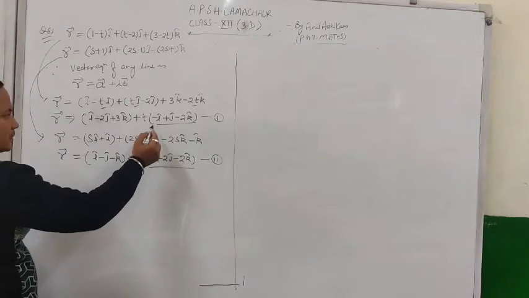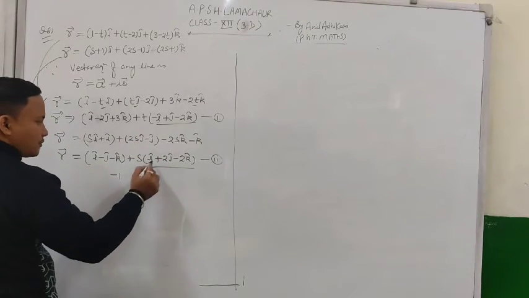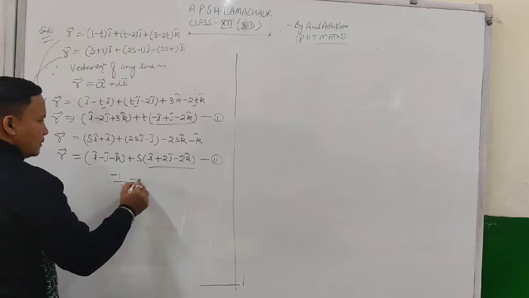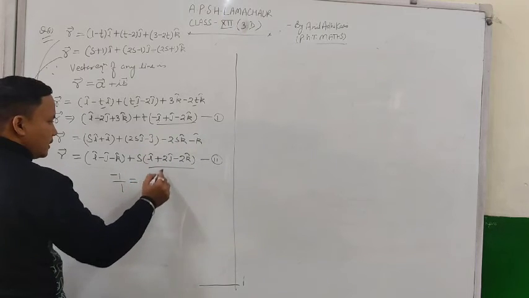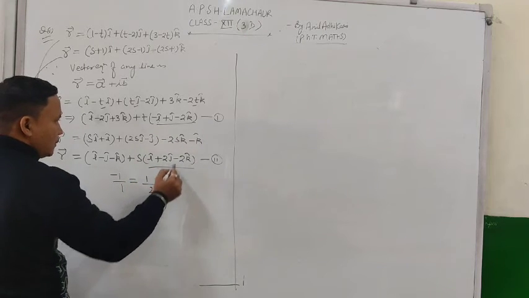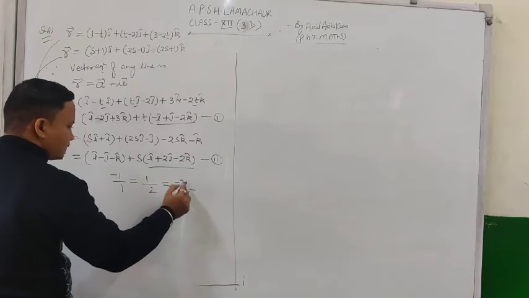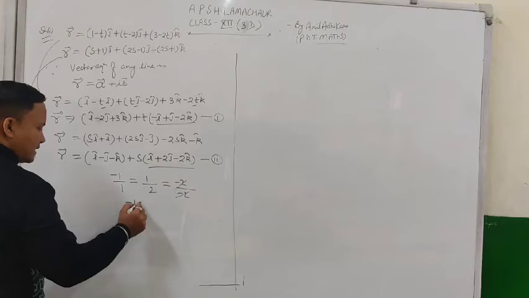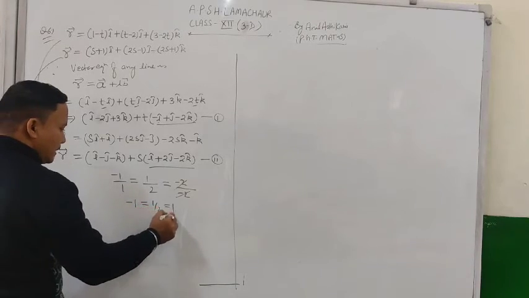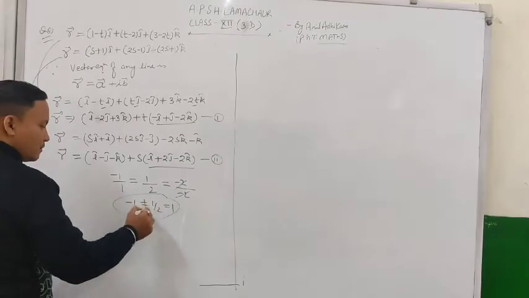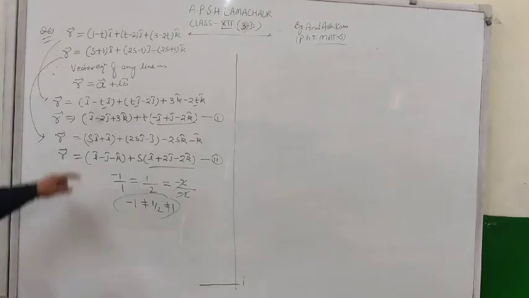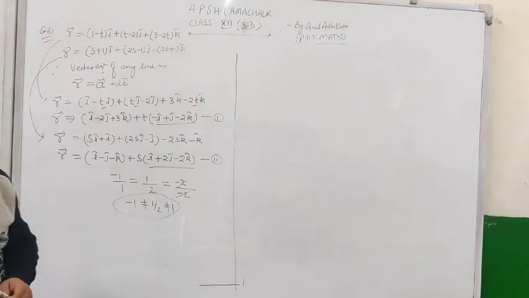So यहाँ पे coefficient of i is -1, here coefficient of i is 1, coefficient of j is 1, coefficient of j is 2, coefficient of k is -2, coefficient of k is -2. So ये हो गया -1 upon 1, 1 upon 2, 1. क्या ये proportional दिख रहे हैं आपको? बिल्कुल नहीं है proportional, ठीक है. So both the lines are skew lines, ये confirm हो चुका है यहाँ पे.